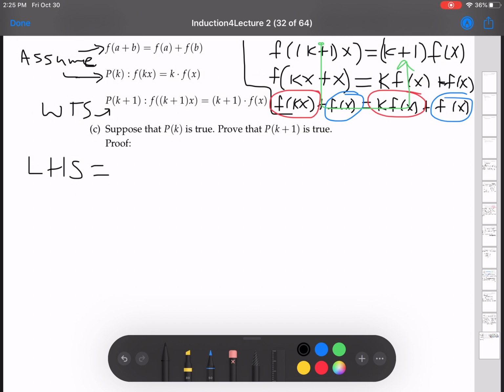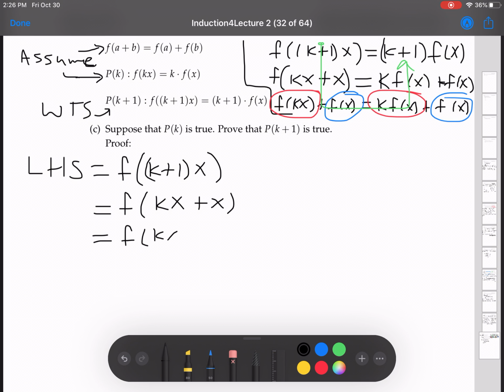All right, so the left-hand side of P of k plus 1 is f of k plus 1 x, which is f of kx plus x, which is f of kx plus f of x.